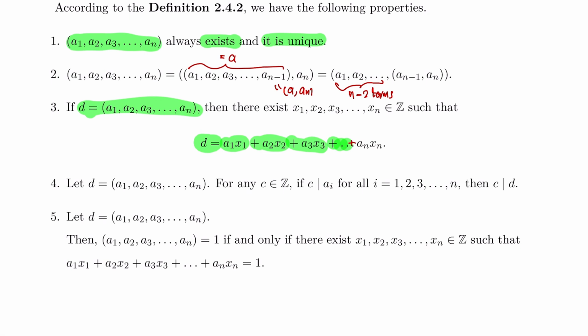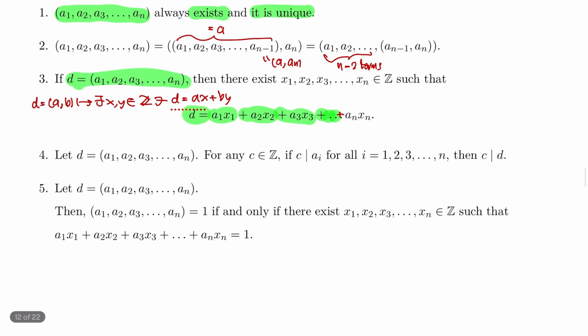Just like what we have in the theorem, I cannot remember the number. If you have D equal to the greatest common divisor of a and b, then there exist x and y, which are integers, such that D equals ax plus by.